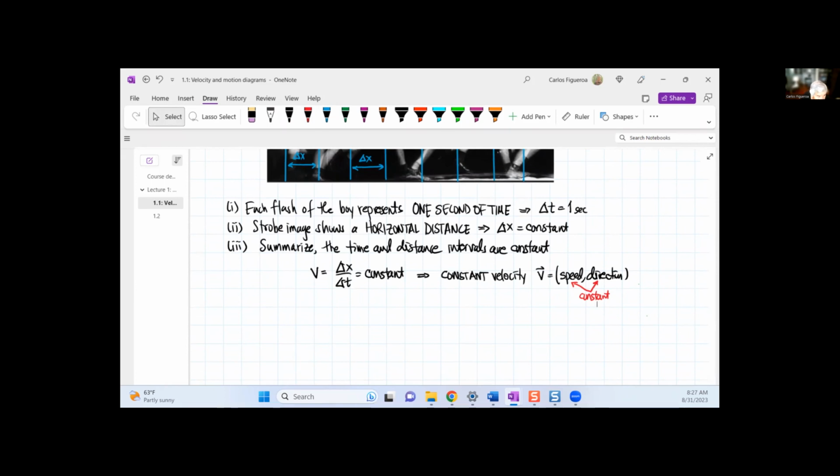So now, let's start to analyze the motion diagrams. What we want to do is look at different situations of velocity and their motion diagram.